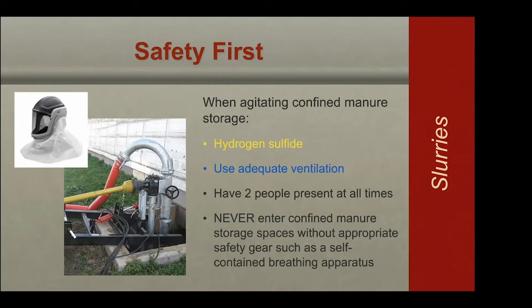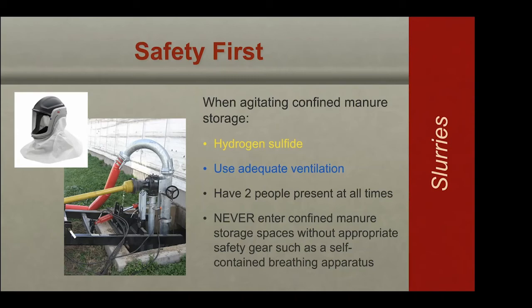It smells like rotten eggs, so at first you can smell it, but the hydrogen sulfide can essentially deaden your little nerves that sense the smell, and so then you don't realize that that smell is still there. If you don't have adequate ventilation, you can succumb to that and die, and a lot of people have died when they're working in those confined pits.